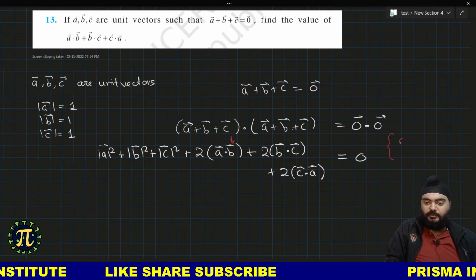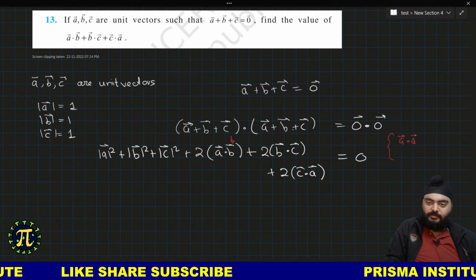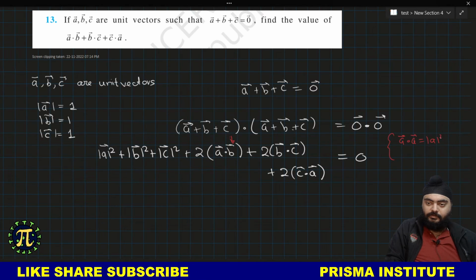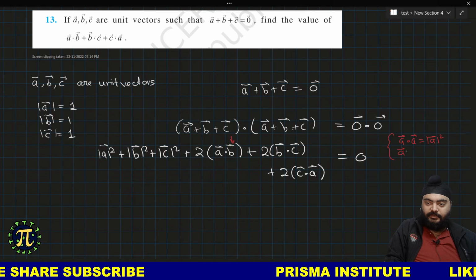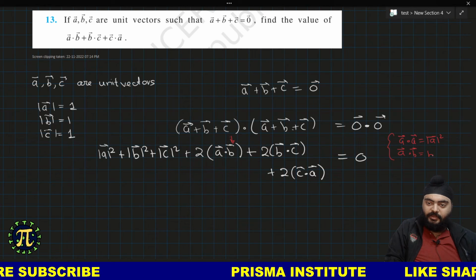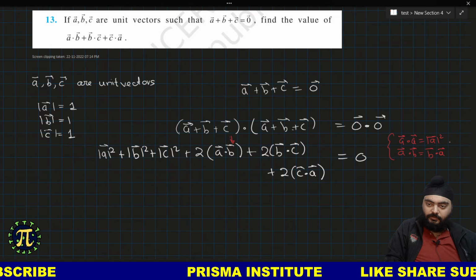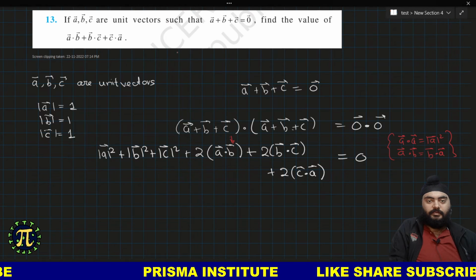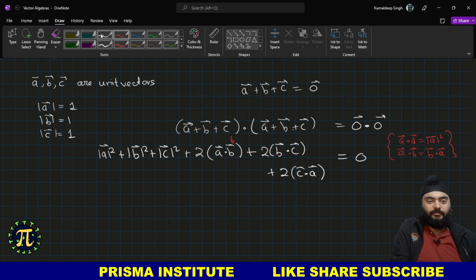And the formulas are: a dot a vector is mod a square, and second is a dot b vector is equal to b dot a, right? They commute, and then we will just put what is given to us.